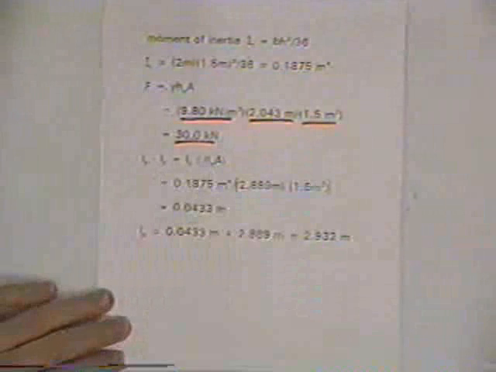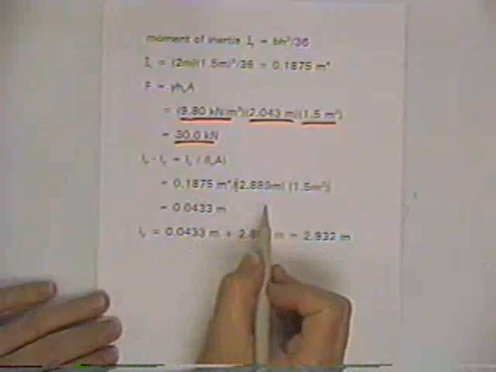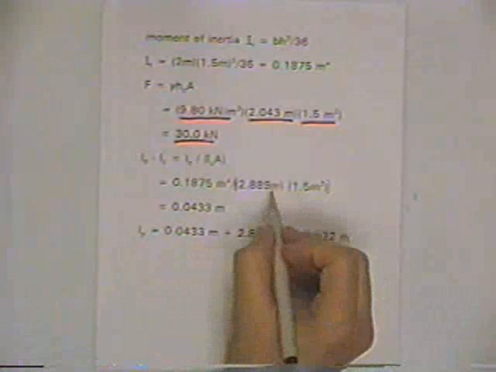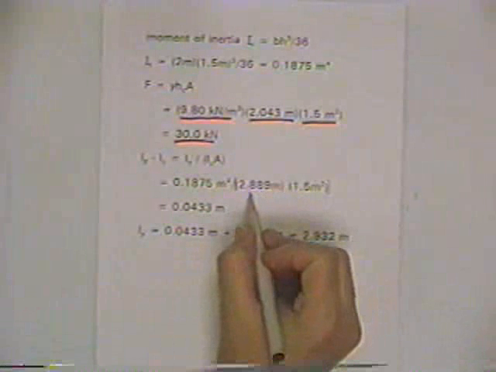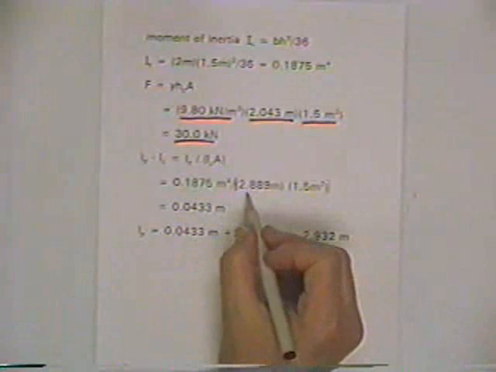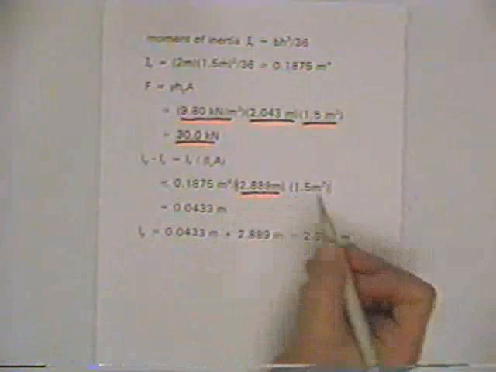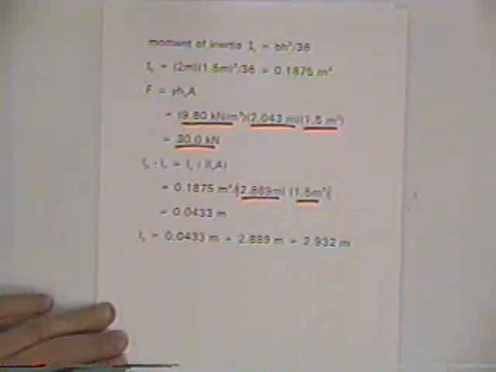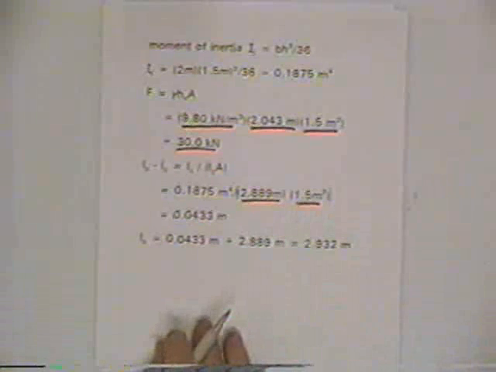And then we can use this formula that we've seen before to locate the force. So we've got the distance along the incline from the water surface to the center of gravity, which we computed previously. We've got the area, which we've computed previously.